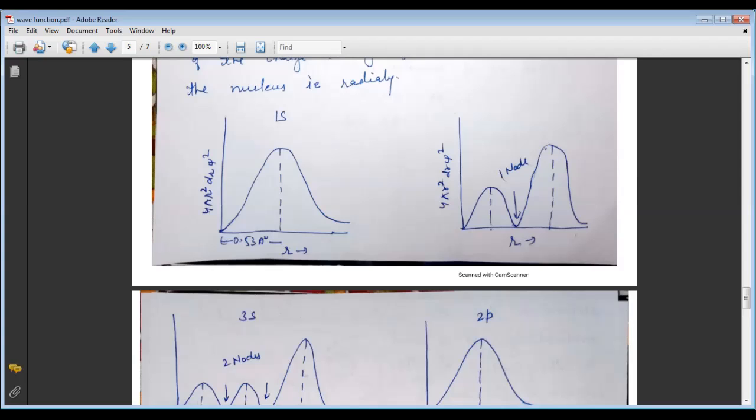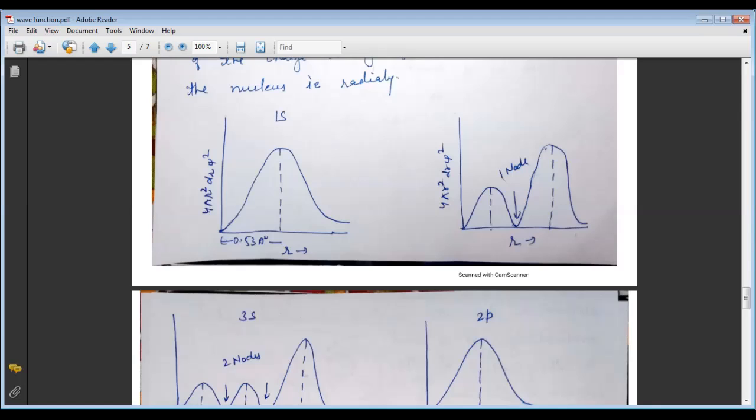This is the graph between the radius and 4π r² dr ψ², the radial probability, for the 1s orbital.